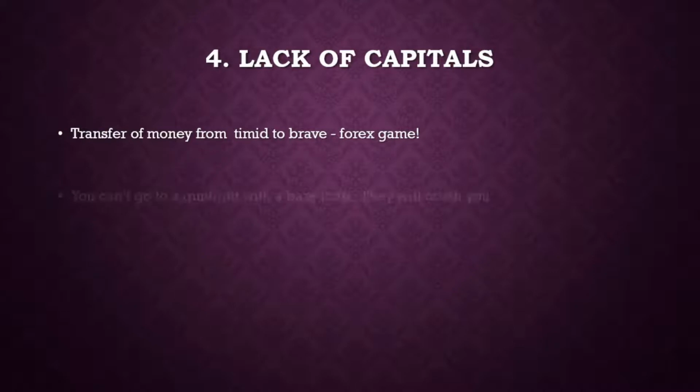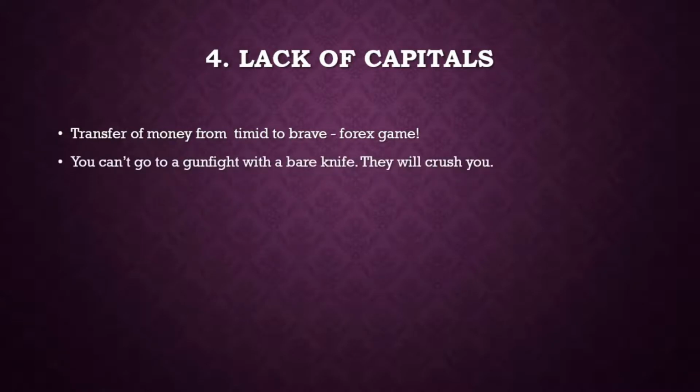The next point is you can't go to a gunfight with a bare knife. They will just crush you. This is a $7 trillion market, and you can't go in with just $200 or $500, rob the market, and come back with your pants on.